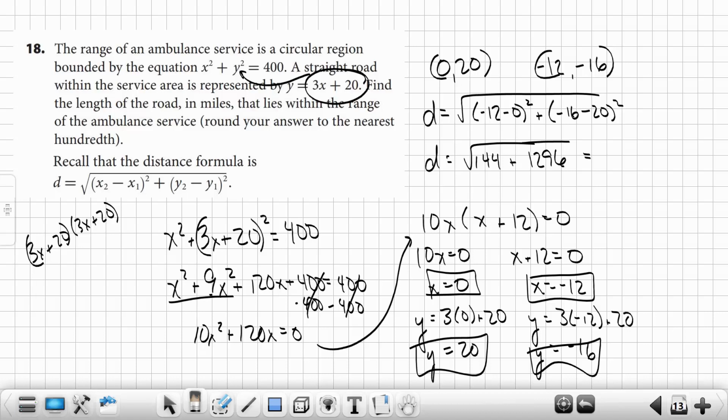So now we're going to add 144 to that. We get the square root of 1,440. That's not a square root number, so round to your nearest 10. That's going to be 37.95 miles.